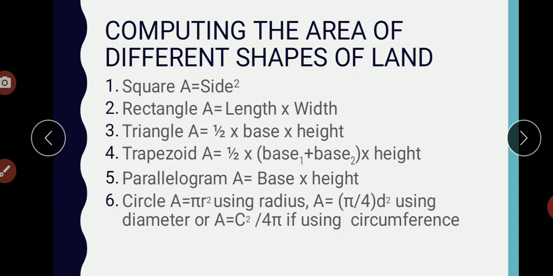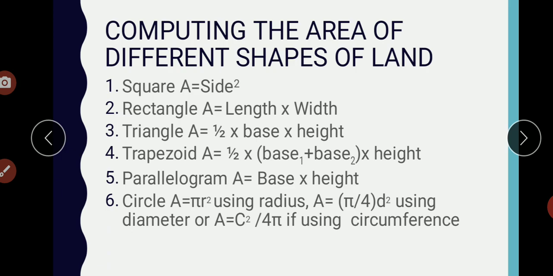So these are the formulas that you have to follow if you want to know the area of a certain shape of land. For example, square: the formula is side squared or side times side. Rectangle: the area is length times width.